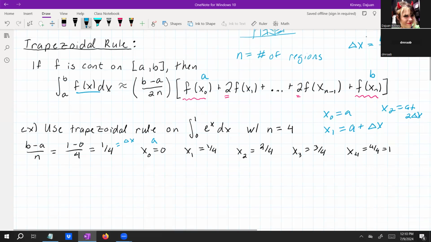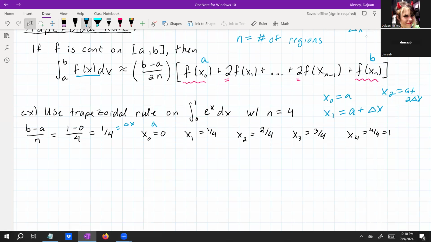So we're going to say the estimate of our integral is b minus a, 1 minus 0 over 2 times our n, which was 4, times, okay, our f of x is e to the x.